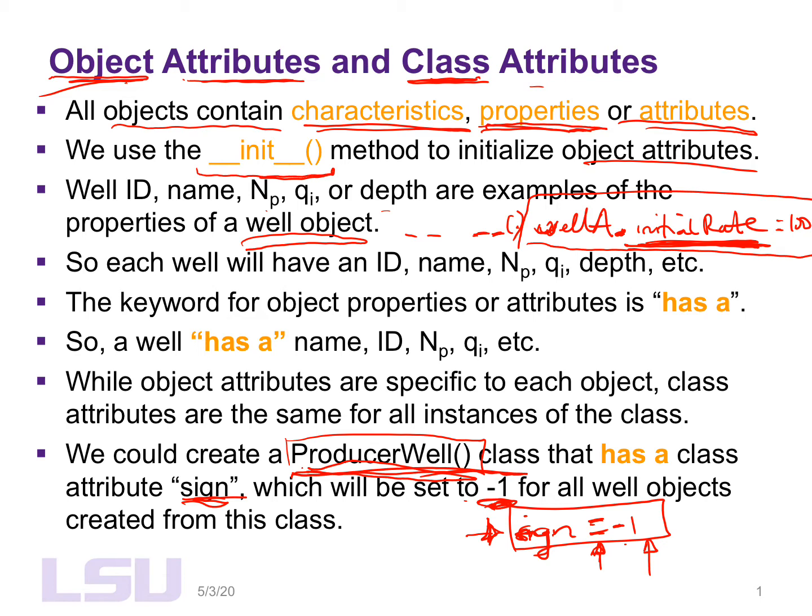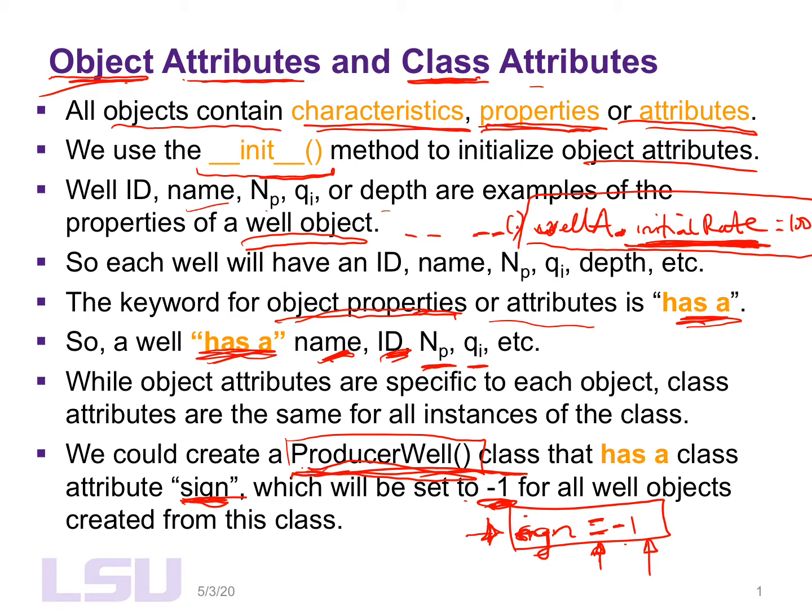The keyword to determine whether a variable is an object property is "has a." So a well has a name, right? So name is a property. It has an ID, it's a property. It has cumulative production, it's a property, and this works for any type of properties, whether it's object property or class property.